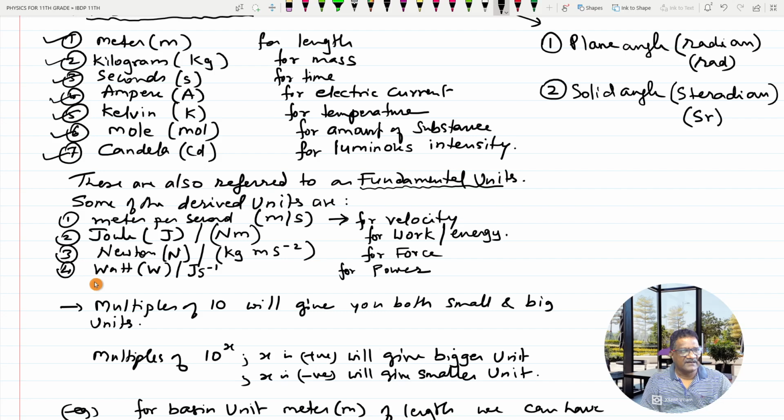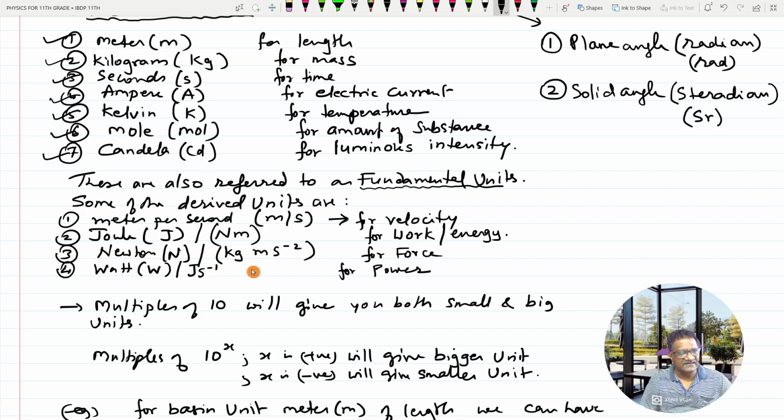Right. Now watt, W-A-T-T, whose symbol is W, has a unit of joule per second, or you can say joule s raised to minus 1. This watt is the unit for a physical quantity called power. So these 4 quantities that I have mentioned here are examples of derived units. Why derived units? Because they are made from the fundamental units.